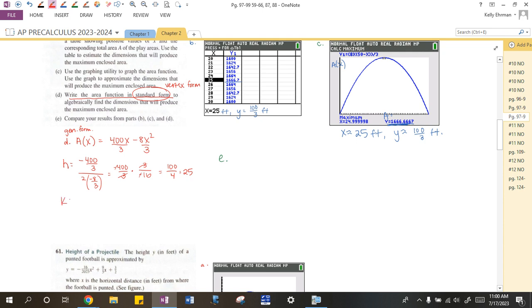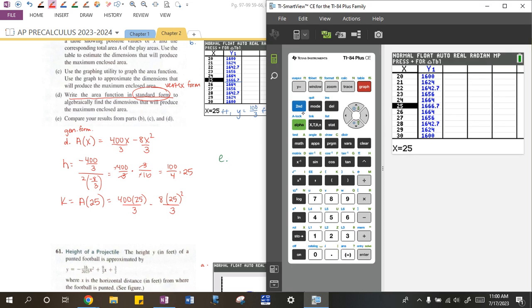I can find the k value. K is A of 25. Since I'm supposed to get this in standard form, I'm going to go through all this trouble. So back to A of x. 400 times 25 over 3 minus 8 times 25 squared over 3. I'm not doing that math in my head.